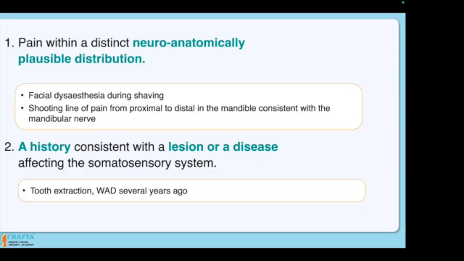The second one is history. And history, of course, is always very important when we do our subjective examination. We have to listen to our patient and hear the story. And sometimes we have to ask extra: did something happen in your history, maybe 1 week ago, 3 months ago, or sometimes 1 year or 2 years ago?